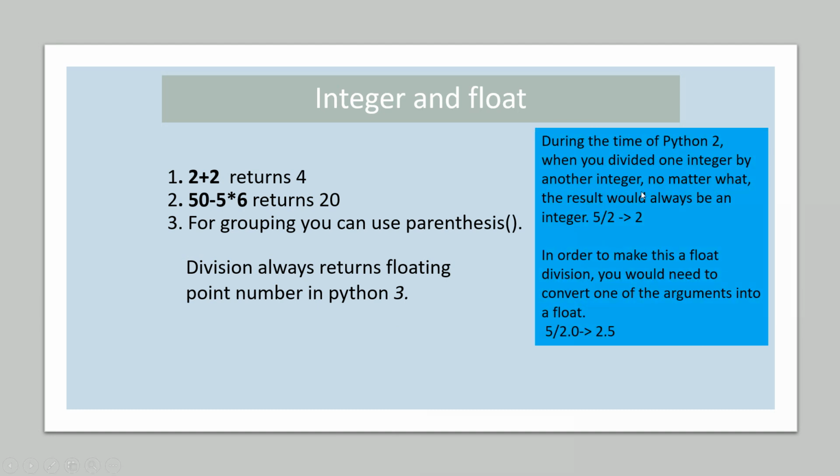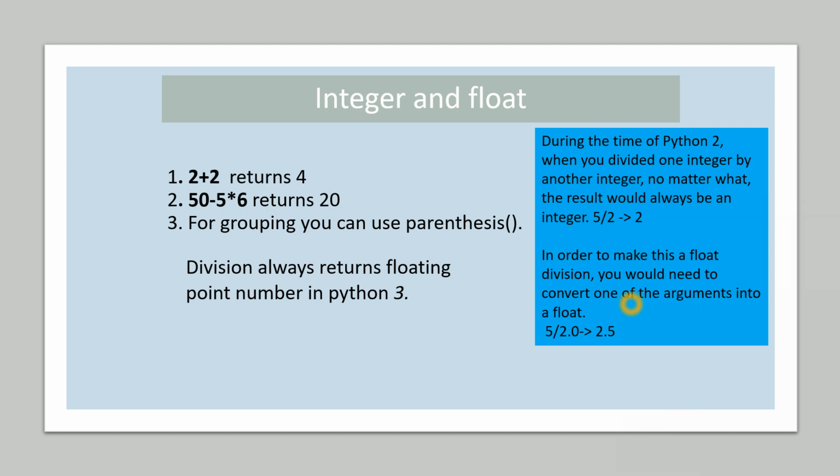And if you are using Python 2, and still people are using Python 2, when you do any division of one integer by another integer, like here I have given the example 5 divided by 2, then it returns 2. No matter what, the result would always be an integer, right?